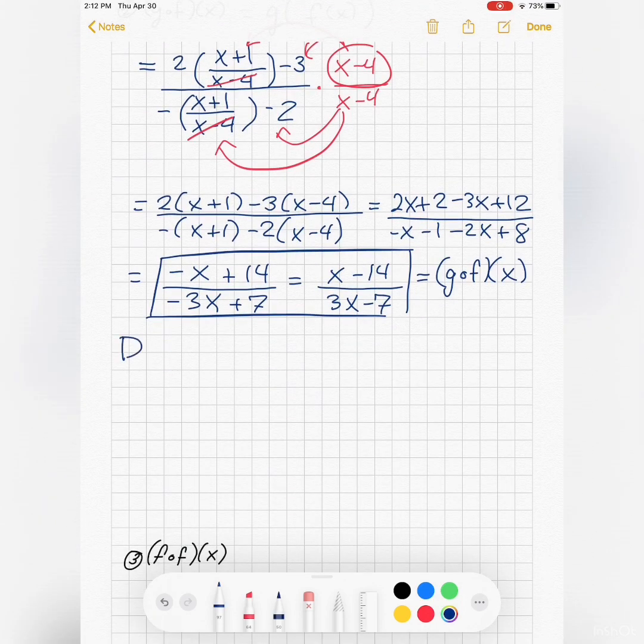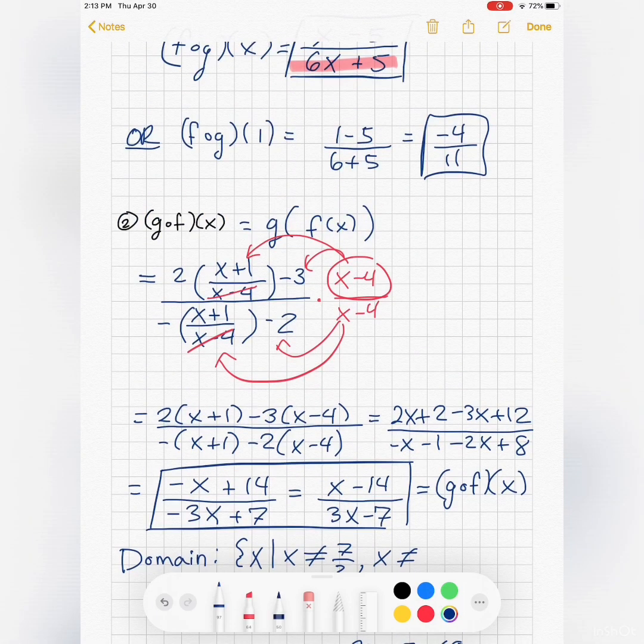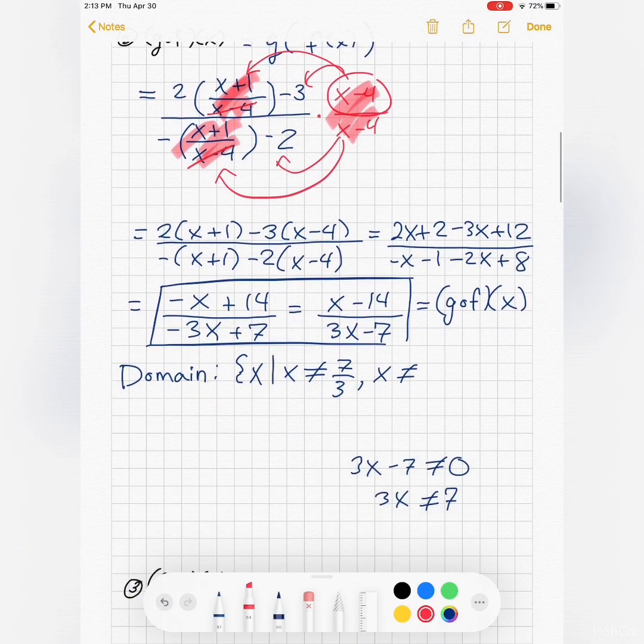Let me write the domain of that one. Remember, for the domain, I have to look in two places. At the result, I have to make sure the denominator there is not 0. Then I have to look at the inner function, the f of x function. In this step, I wouldn't have been able to do this calculation if x were equal to 4.